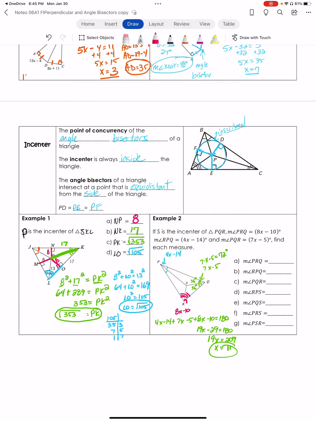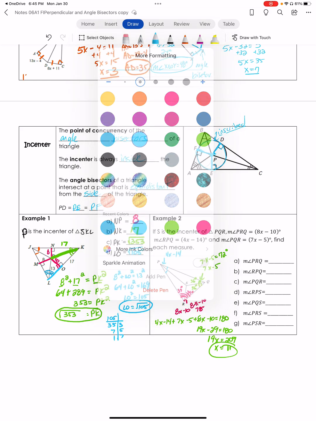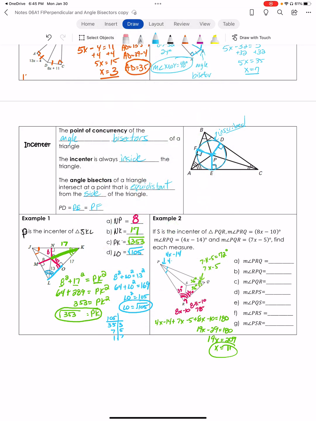I know this angle right here is 8 times 11 minus 10, which is 78 degrees, which is 39 degrees and 39 degrees. And this is 4 times 11 minus 14, which is 30 degrees. So that's going to be 15 degrees and 15 degrees.